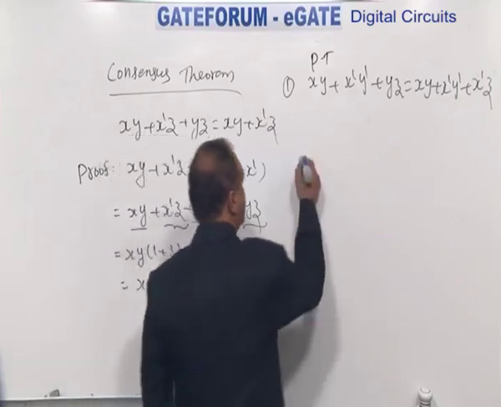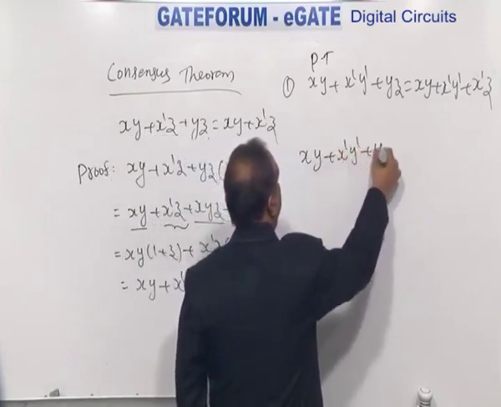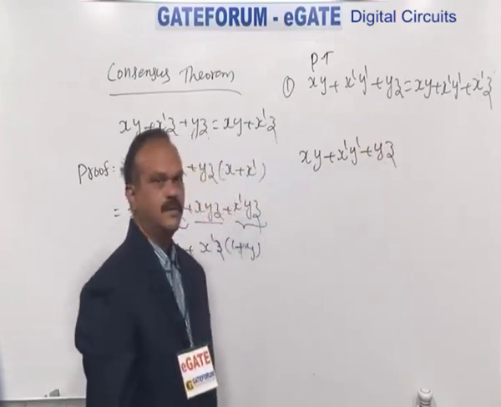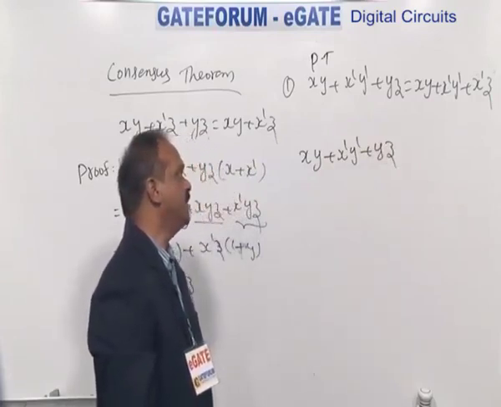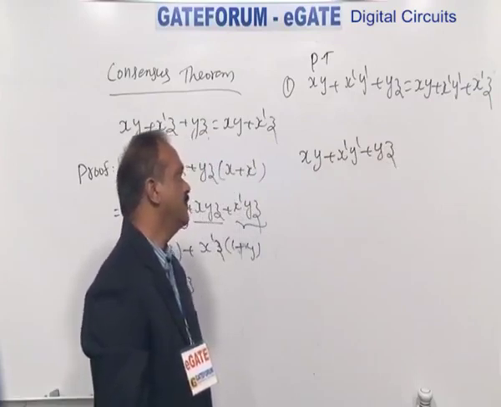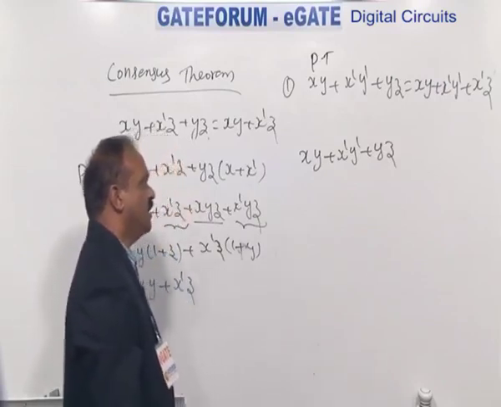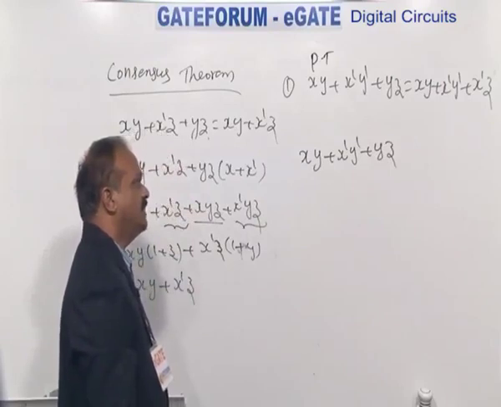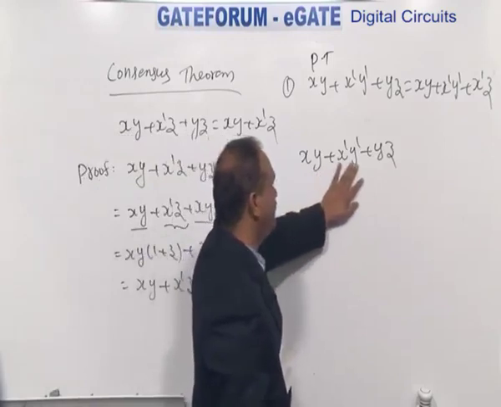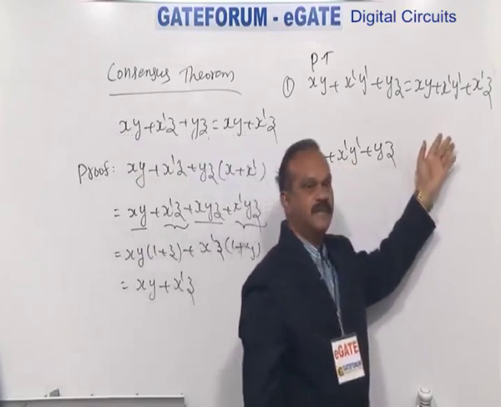Suppose I want to prove that the left hand side is equal to the right hand side, which term is missing here? x bar z is missing. You can observe that xy plus x bar y bar is the same on the right hand side, only this term x bar z is missing.